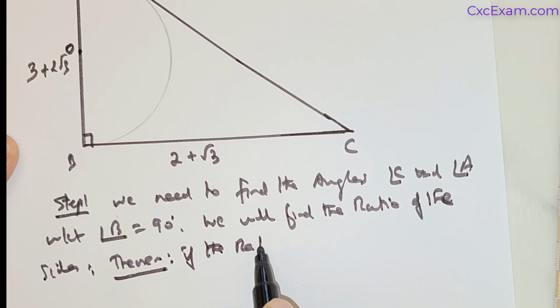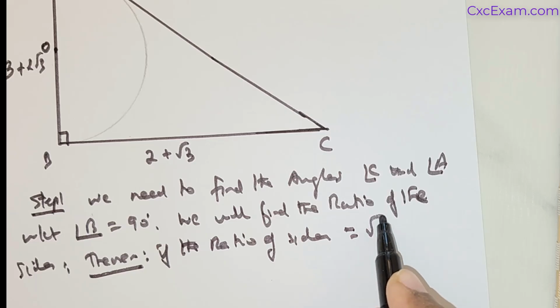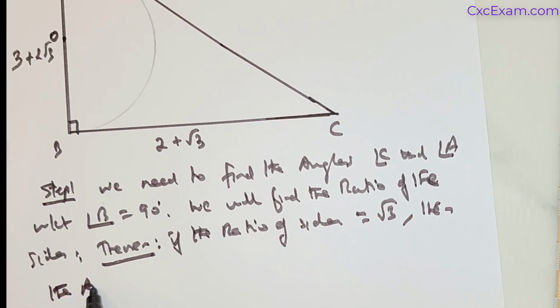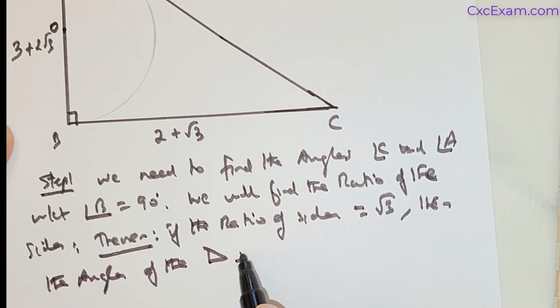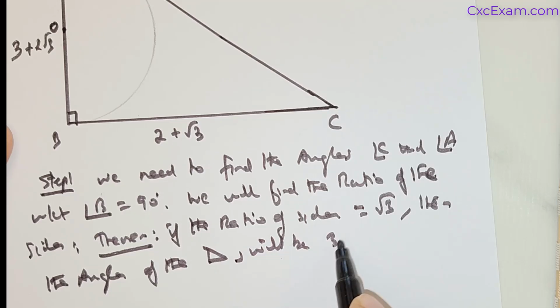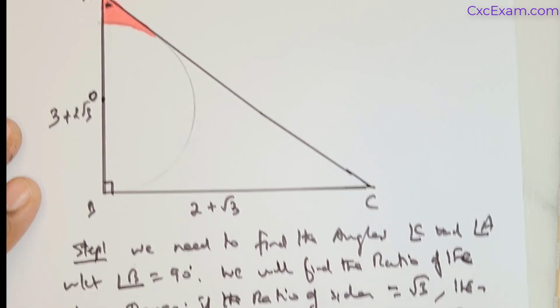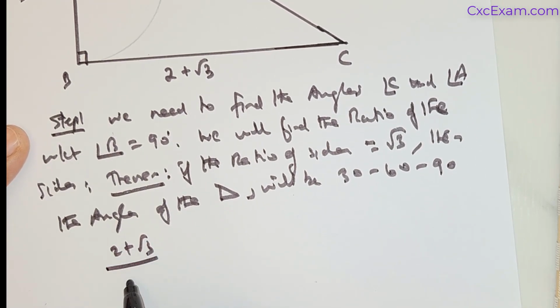If the ratio of the sides is equal to root of 3, then the angles of the right triangle will be 30, 60, 90. So let me find the ratio of 2 positive root 3 over 3 positive 2 times root 3.